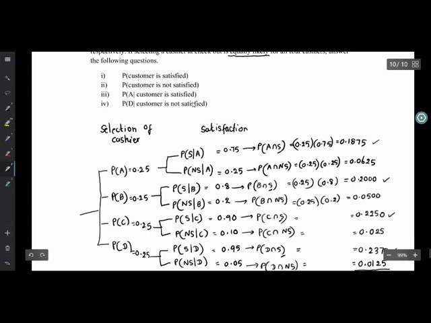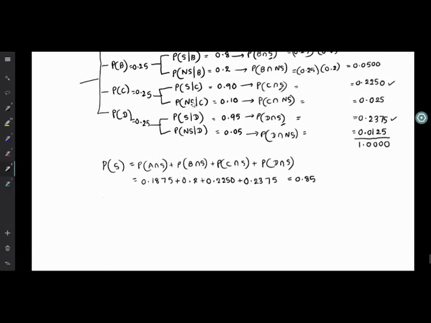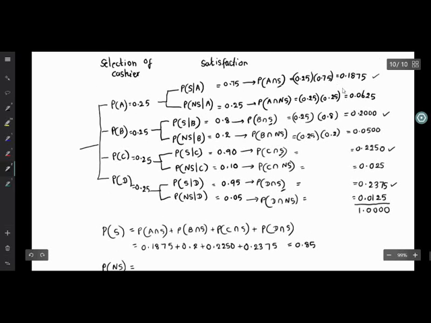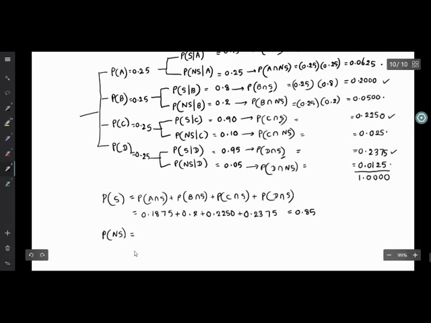Next question is the probability the customer is not satisfied. You can find the answer in 2 ways. Either you add up the probabilities where you see NS, the 4 probabilities, or the easiest way: satisfied and not satisfied are complements of each other.